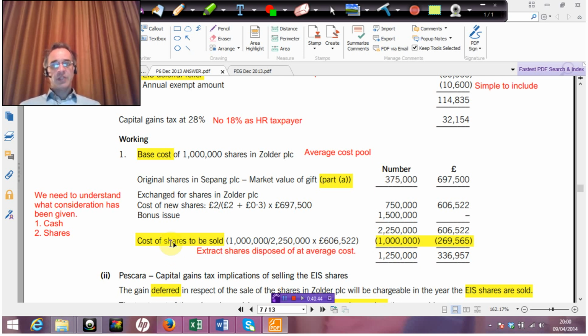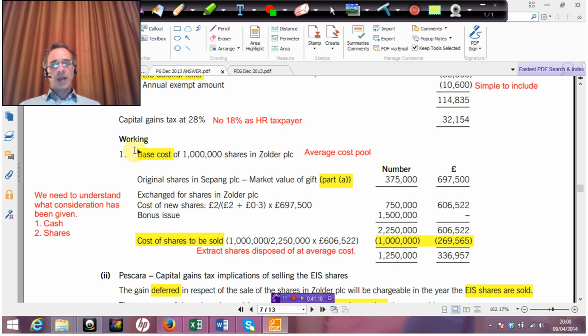In other words, we simply have to record the details of what is happening from transaction to transaction. Now, the only thing that made this a little bit tricky was the fact that in between times, we had this change from Sapang to Zolder plc. In other words, there was a takeover, and that messed with our pool a little bit, but I'll take you through that in a moment.